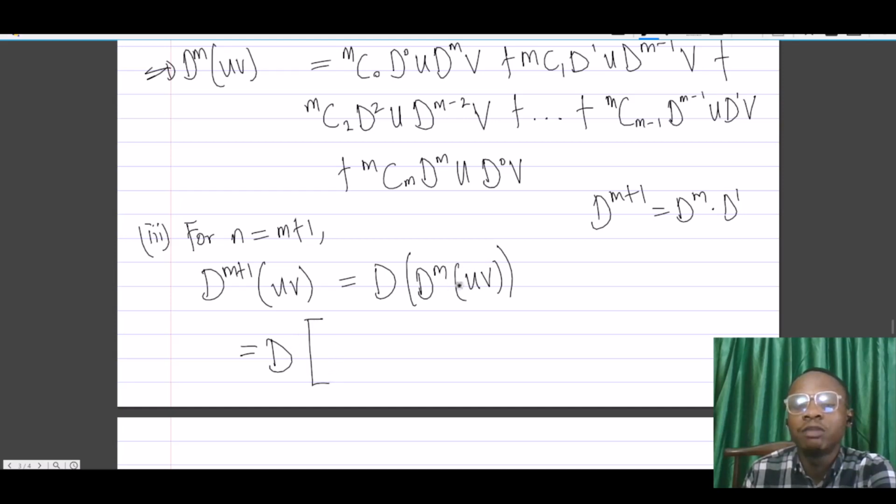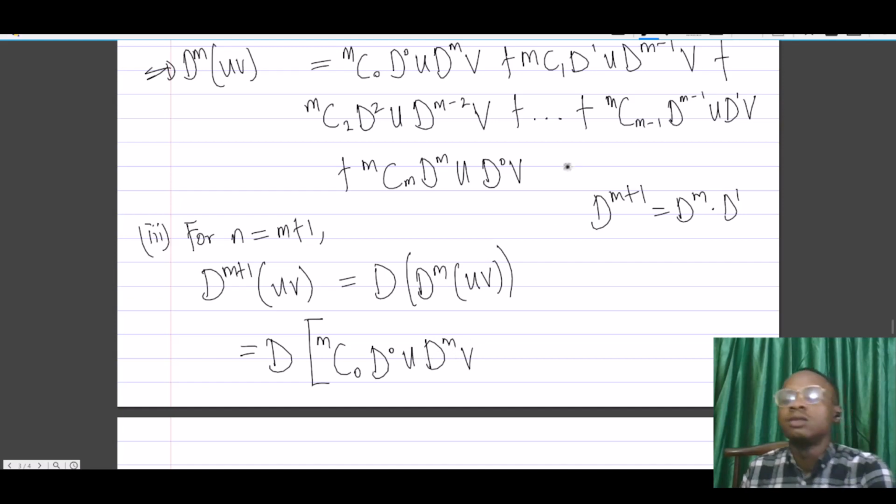We already know the m of uv from our assumption in step 2, so we're just going to insert that here. So this is going to be m combination 0 and the 0 of u, the m of v. Instead of writing this the 0, let's just leave it out, the 0 is just 1.